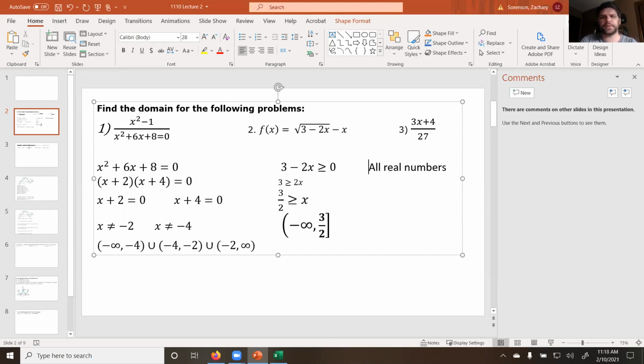All real numbers. Or if you really want to write it in interval notation, honestly, I would just accept the words. But if you want to write it in interval notation, all real numbers is negative infinity to infinity. So you could write it like that.